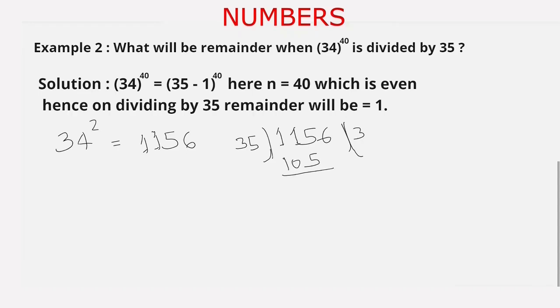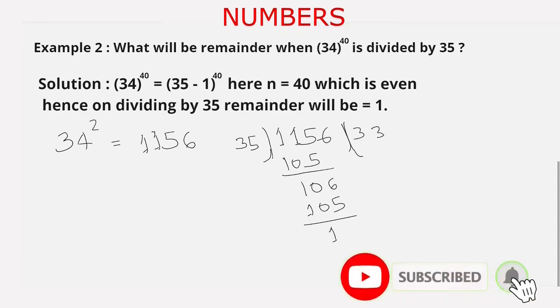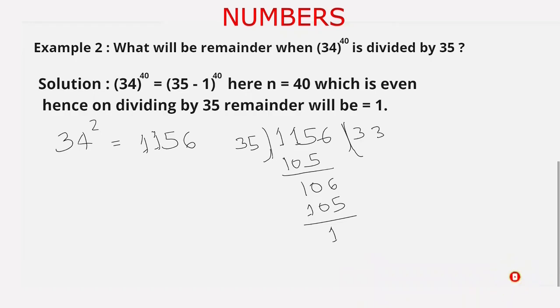On subtracting 105 from 115, we get 10, we carry 6, and again 35 times 3 is 105, and the remainder is 1. This way we can prove that when the power is even, then (x minus 1) to the power n, when divided by x, the remainder is 1. This way we can find the remainder by using the above tip.